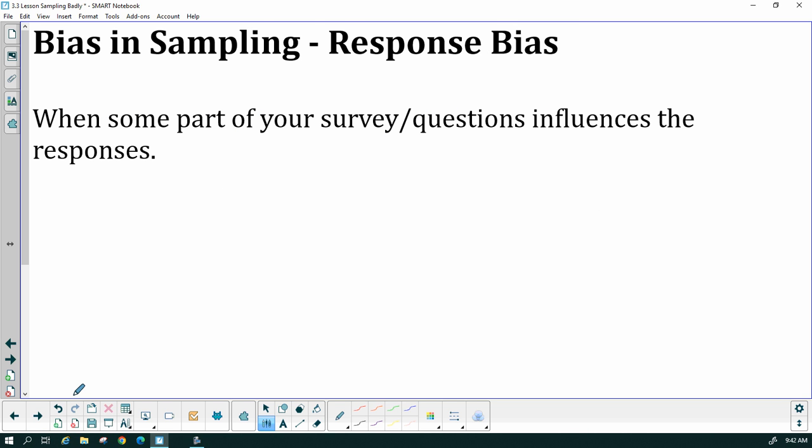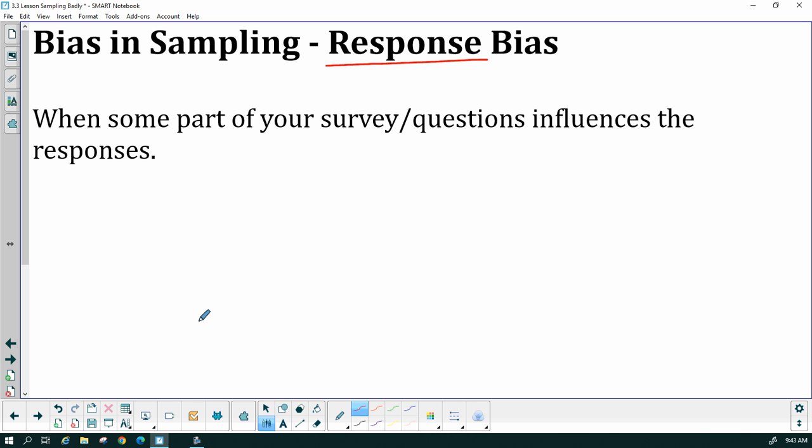Again, a lot of these are kind of similar, so it takes some time. We have a non-response bias where people decide not to respond, and then we have this thing called a response bias. These people are responding, but there's something bad about the way we ask a question or the way we word a question or perhaps the tone in which we ask a question or in some cases who's asking the question.